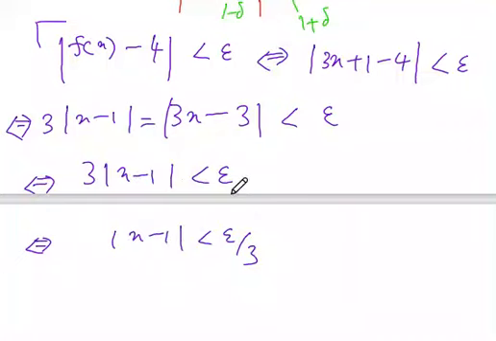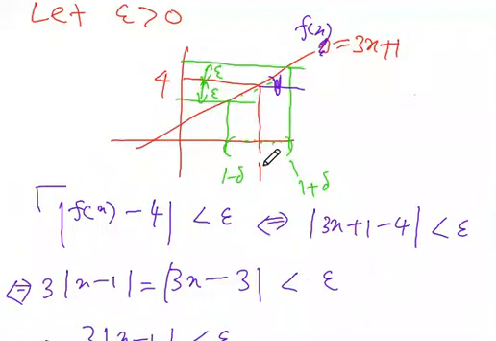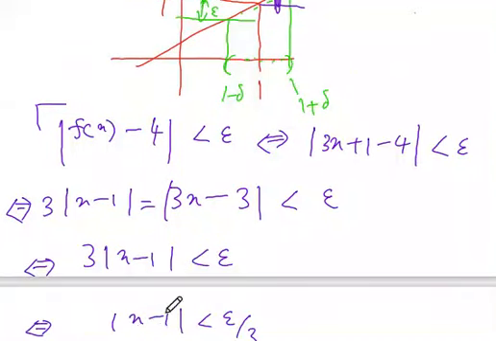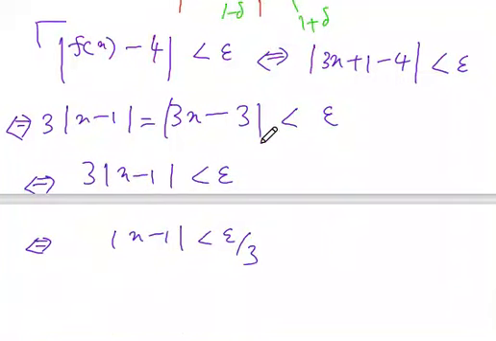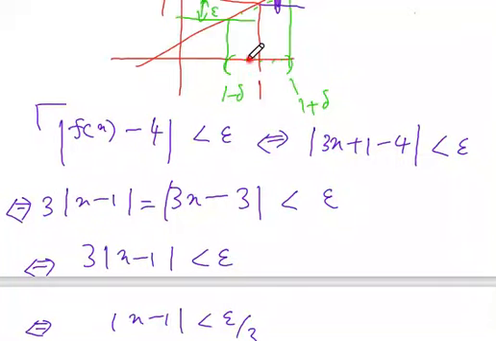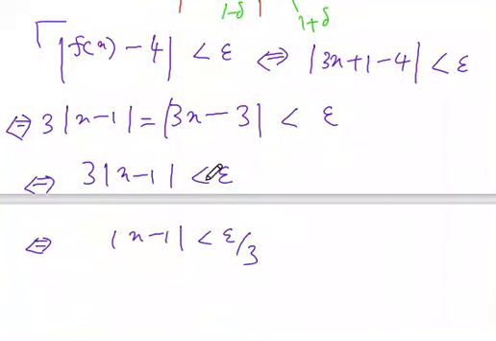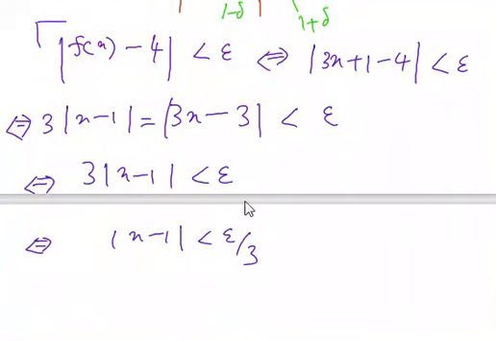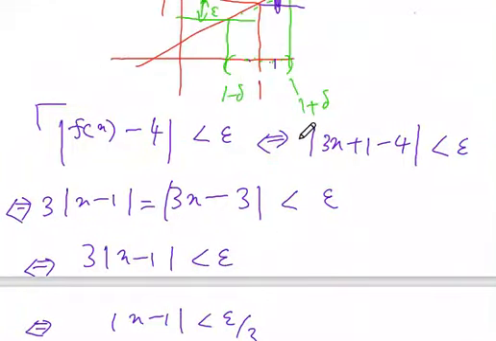Okay, we have this form: the modulus of x minus 1. This is centered around 1, so this means the distance between x and 1 is less than epsilon over 3. So now you can choose delta.